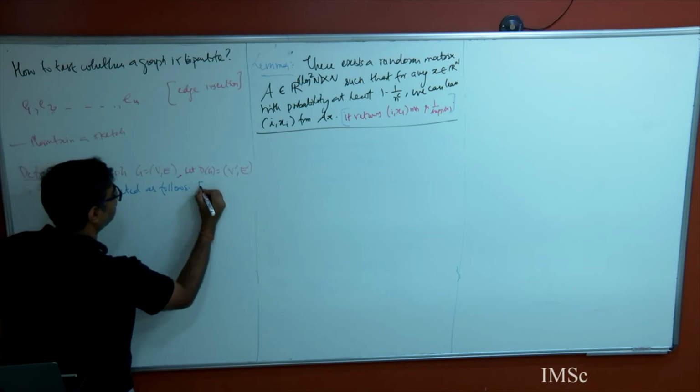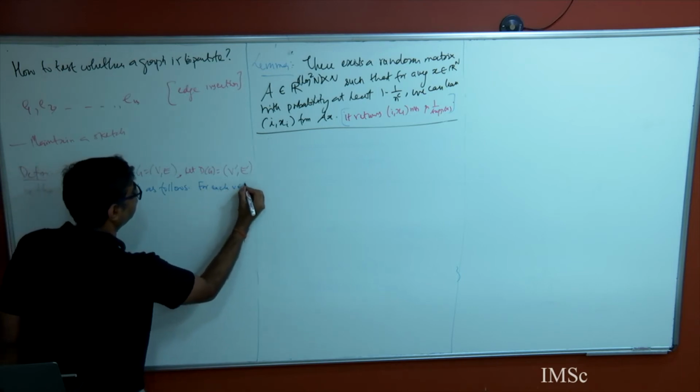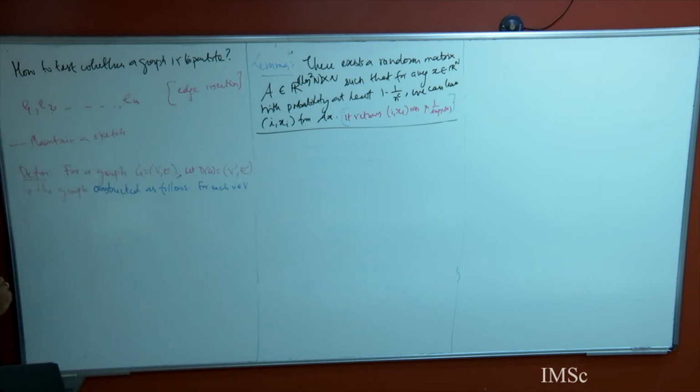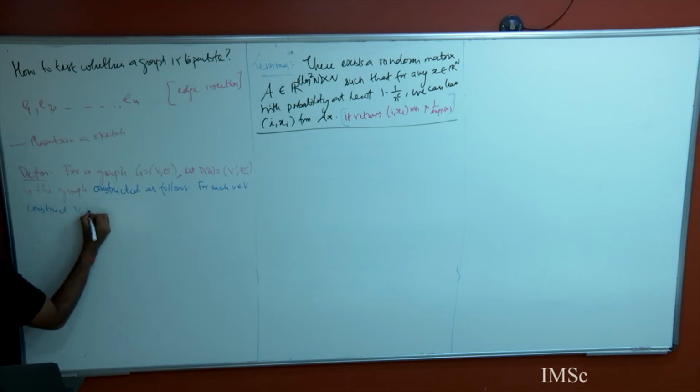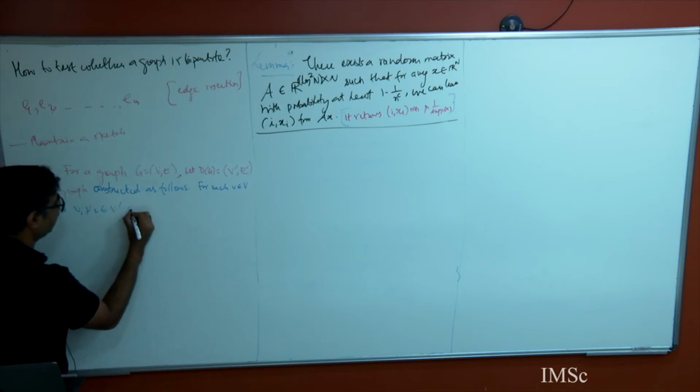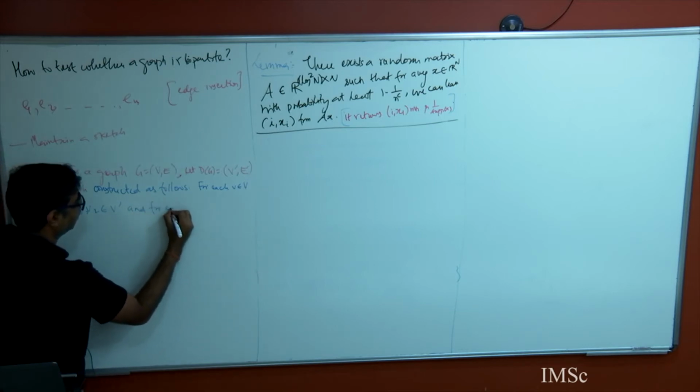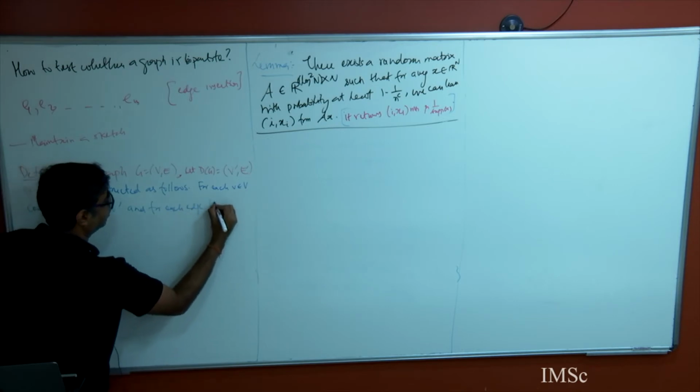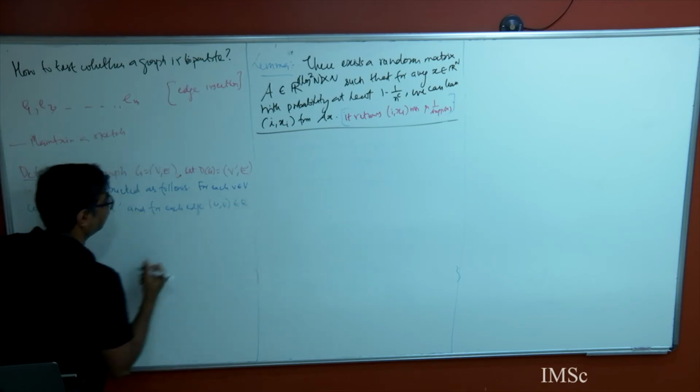Constructed as follows. For each v in V, we have two copies. Construct v1, v2 in V', and for each edge (u, v) in E, what will I do?